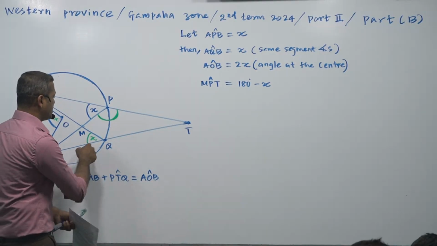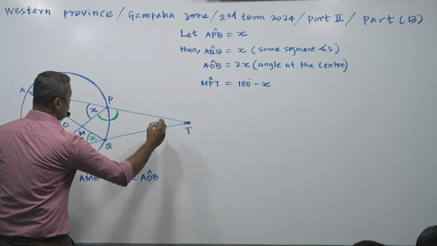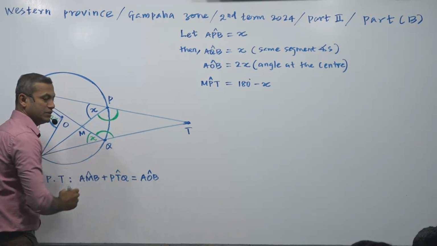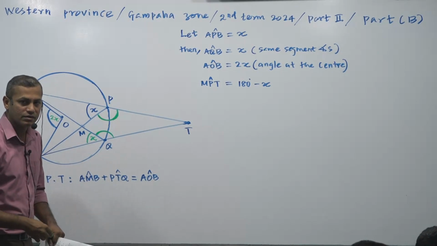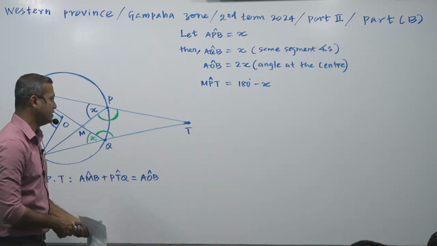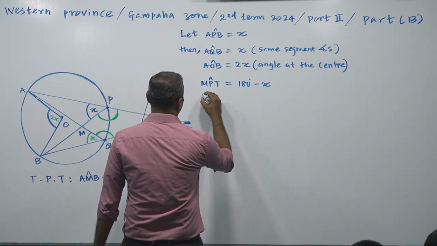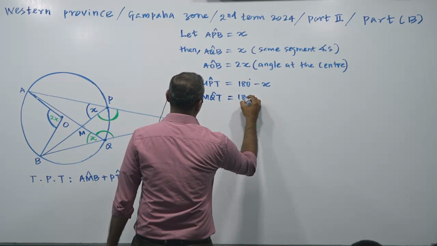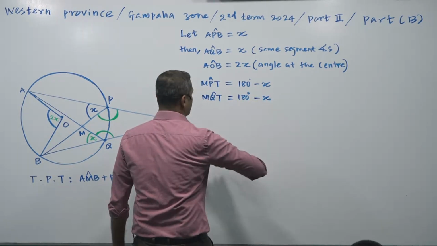Similarly, BQT is a straight line. If this is x, what can you say about MQT? In terms of x, MQT is also 180 minus x. So we can write MQT is also 180 minus x.